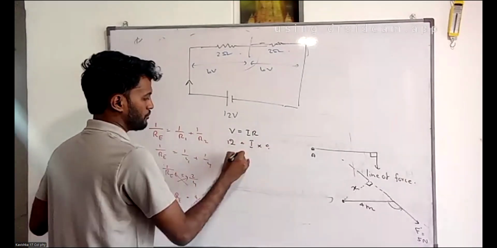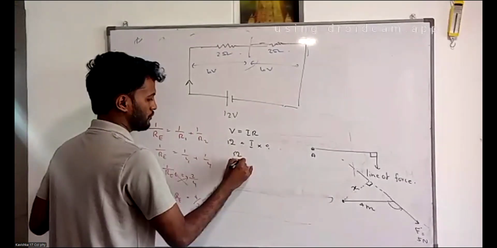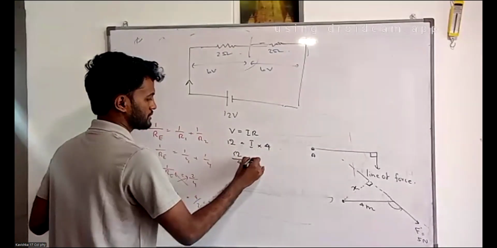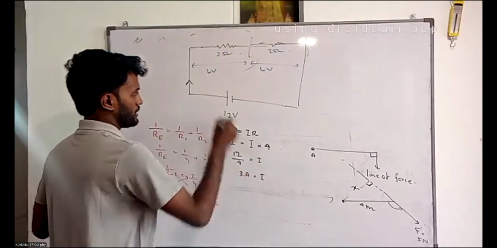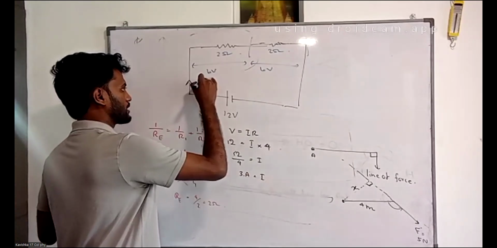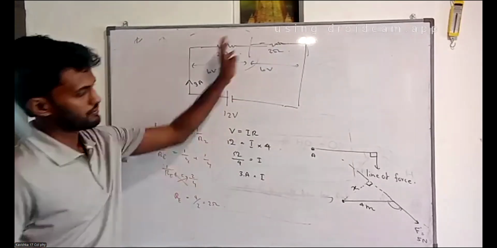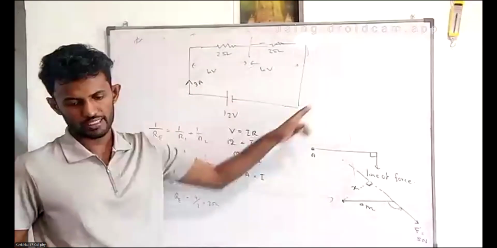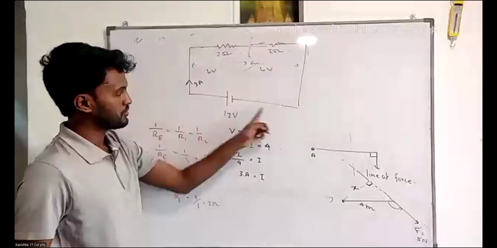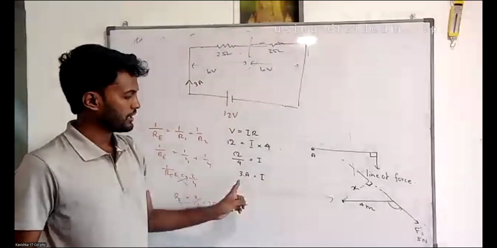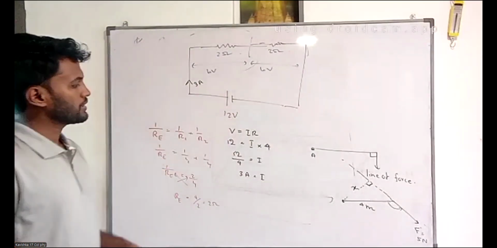So the I value is 12 over 4, that's 3 amperes. This is fully series, since there's no parallel, all the current goes through the whole wire. That's 3 amperes.